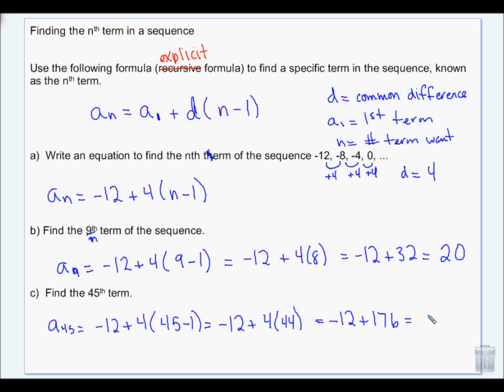So 164. And you wouldn't want to have to keep adding 4, 41 more times, to get to this number. So this formula saves you doing all that adding over and over again.